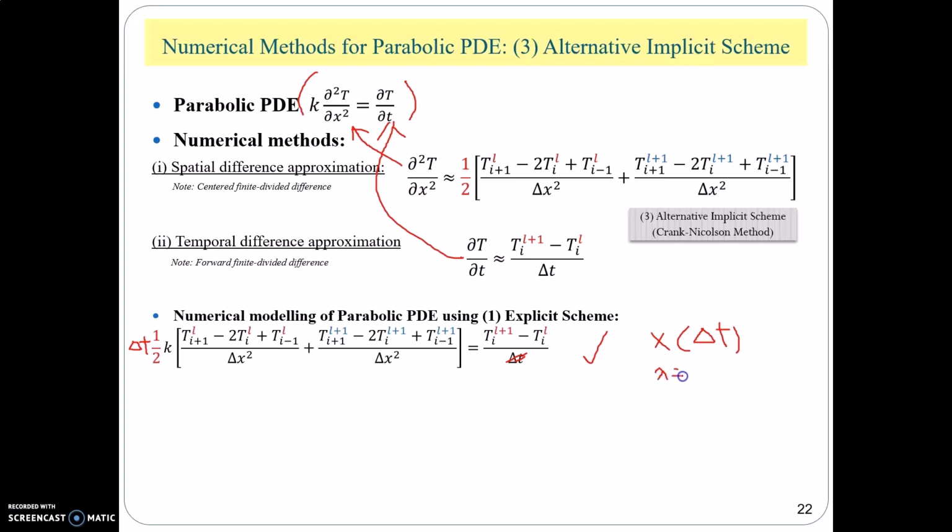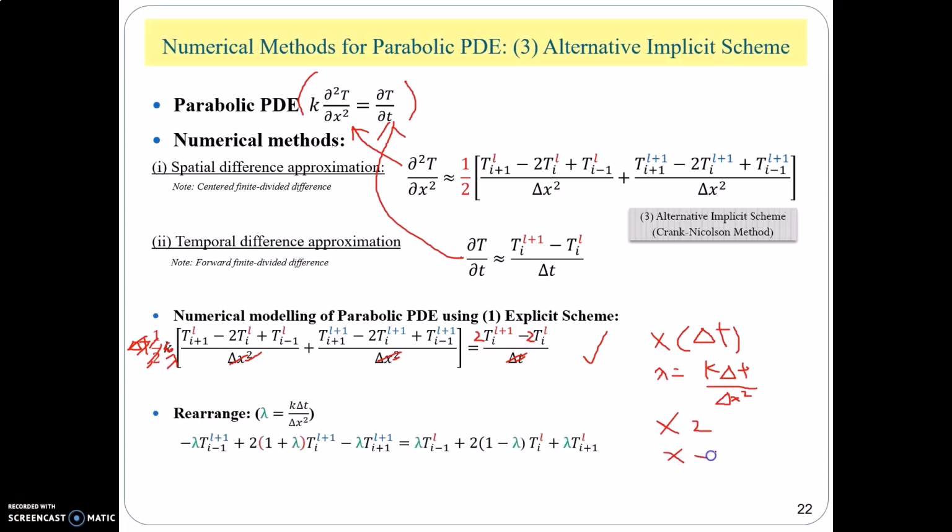Since lambda equals k delta t divided by delta x squared, we can substitute delta t, k and delta x squared here to be half multiplied with lambda. Multiply by 2 to cancel 1 over 2 here, then you get 2 multiplied with these two terms. Multiply both sides with negative 1, then you obtain negative plus negative.